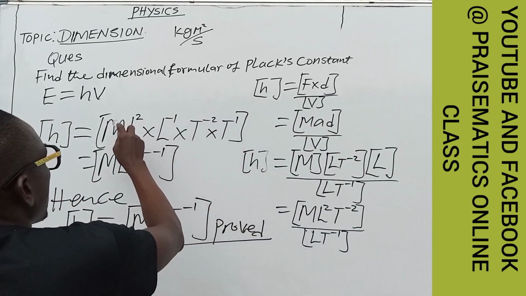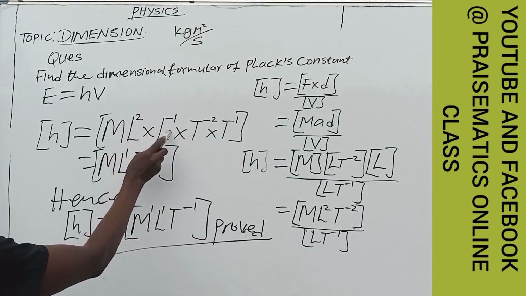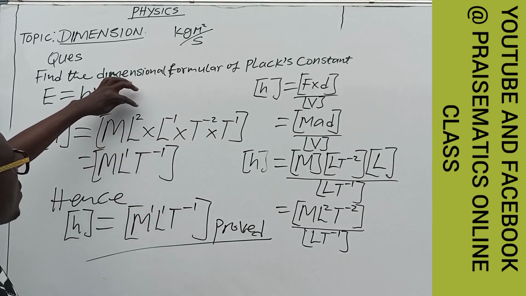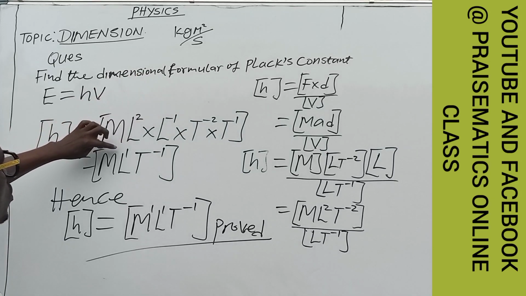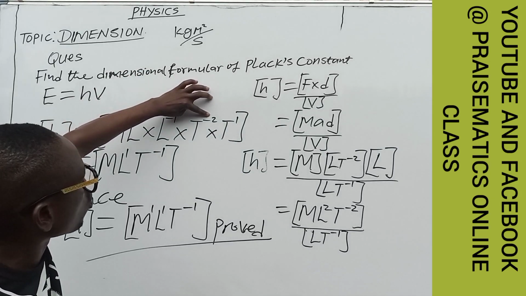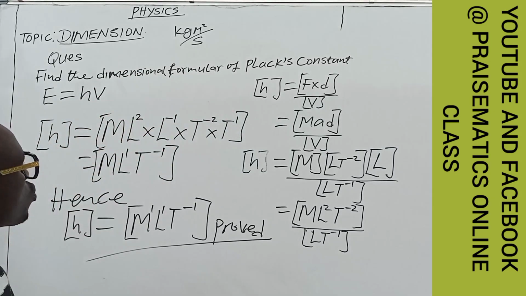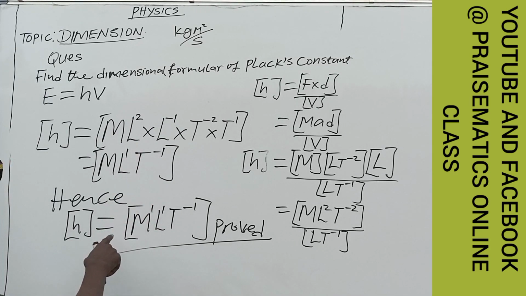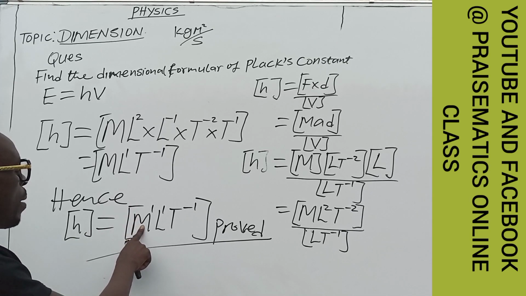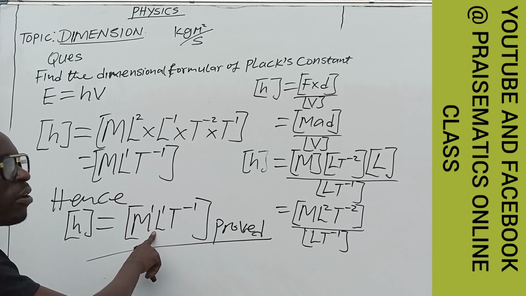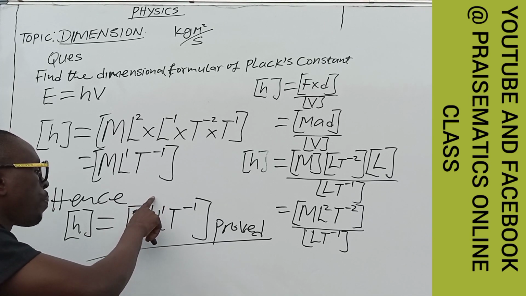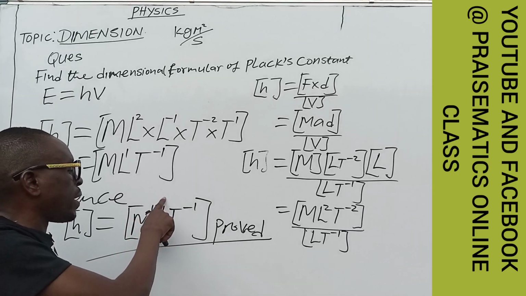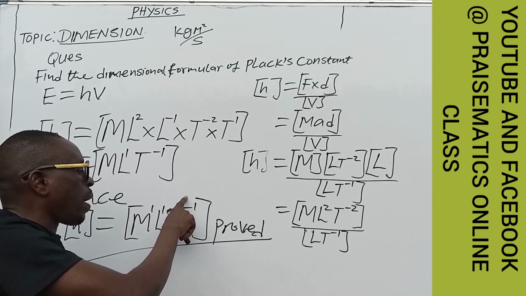We collect the like terms by the law of indices: 2 minus 1 gives us 1, and minus 2 plus 1 gives us minus 1. Hence, finally, the dimension of Planck constant is M raised to power 1, L raised to power 1, T raised to power minus 1.